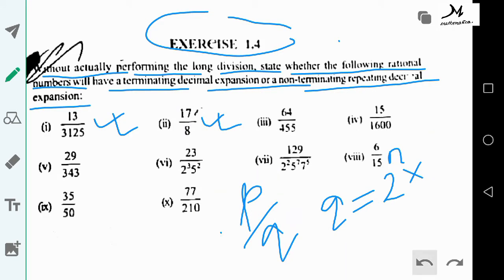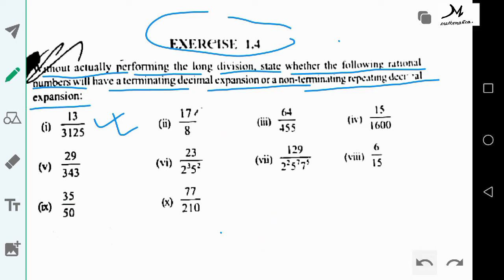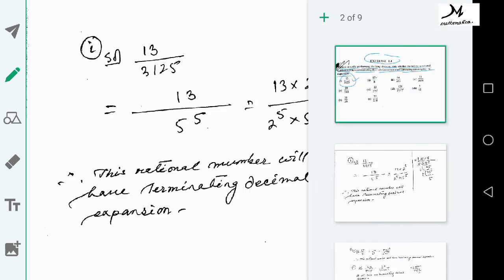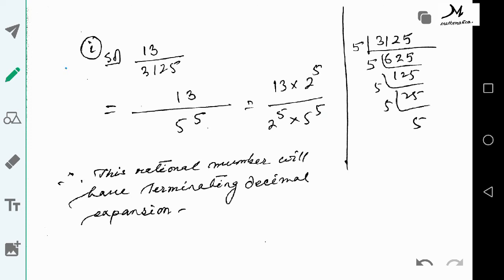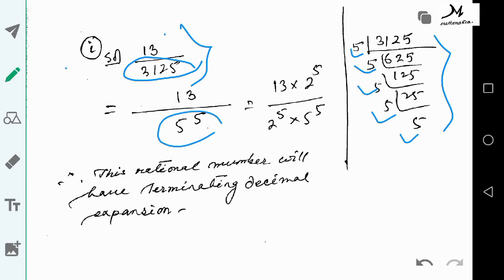So here the first rational number is 13 by 3125. How to solve this one? Let us factorize the denominator. If you factorize it, you will get five 5s, that is 5 to the power 5.